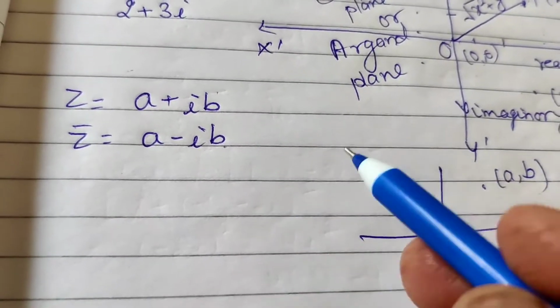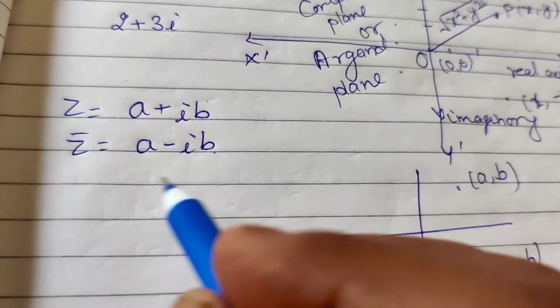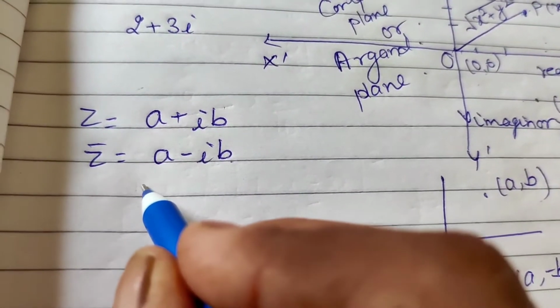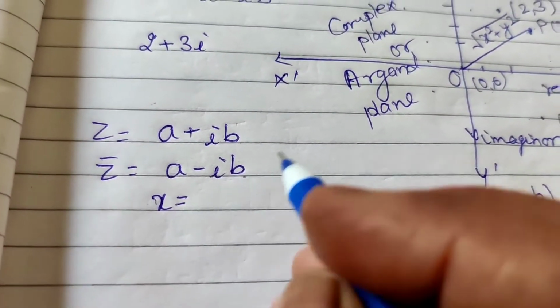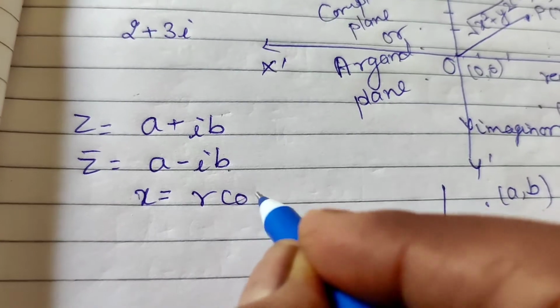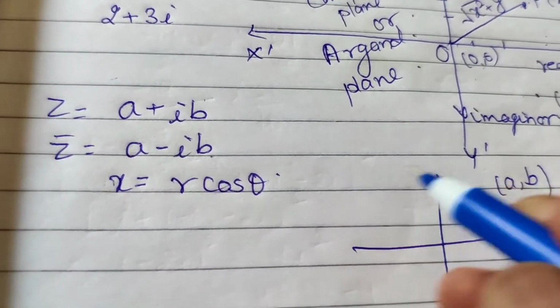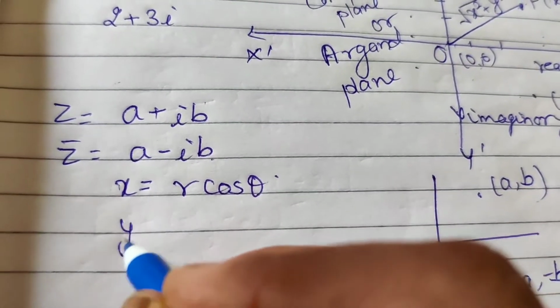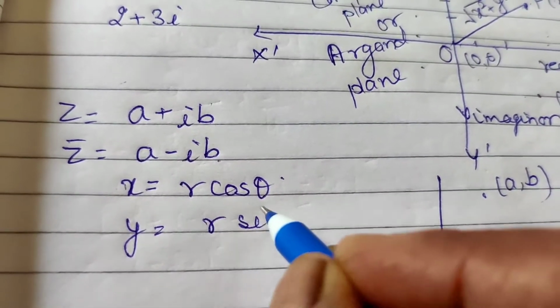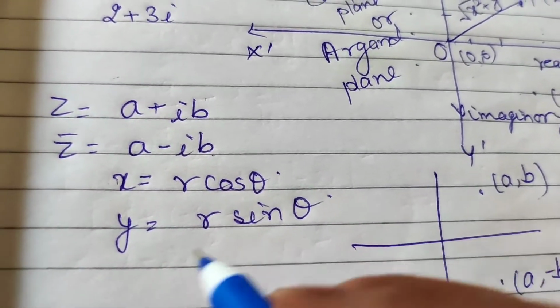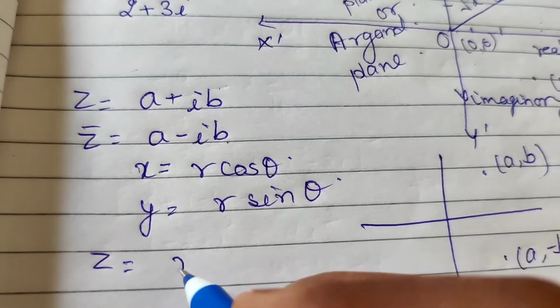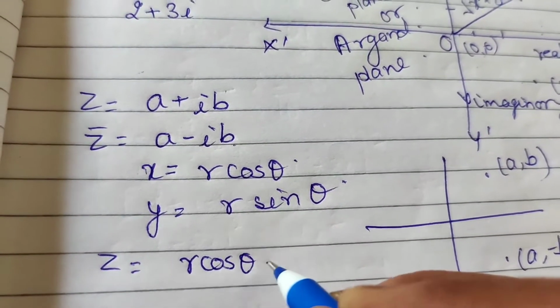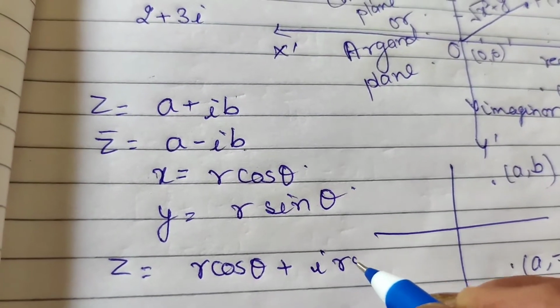In the polar representation, the polar form of complex numbers, x is equal to r cos theta, where theta is the angle, and y is equal to r sin theta. Now the number z equals r cos theta plus i r sin theta.